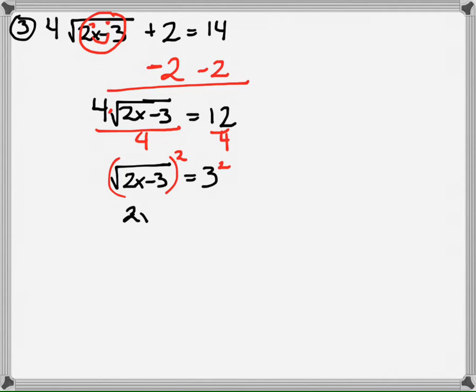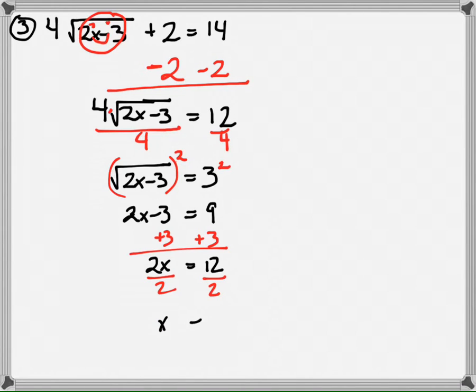So that gives me 2x minus 3. And 3 squared is 9. Now I'm going to solve this equation. Add 3. 2x is equal to 12, divide by 2, and x is equal to 6.